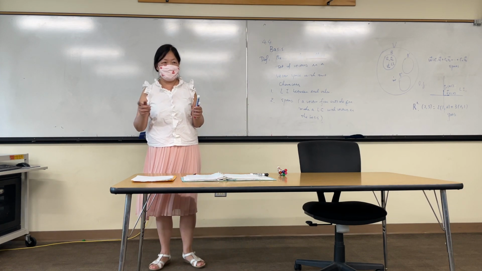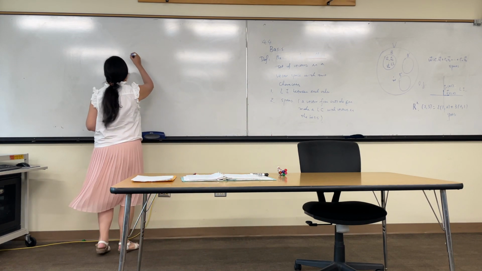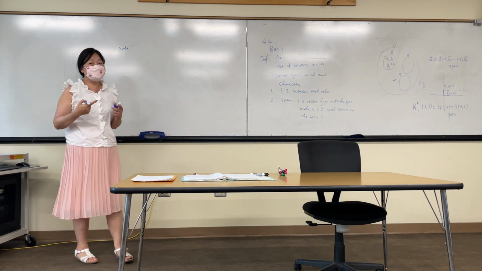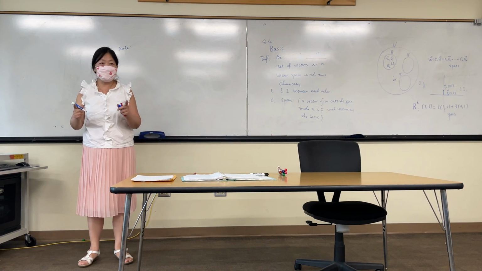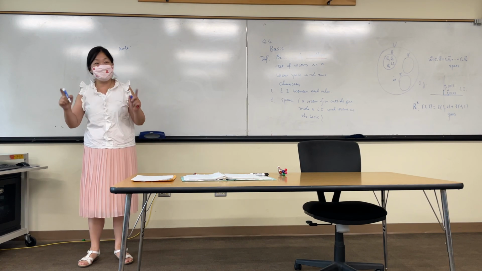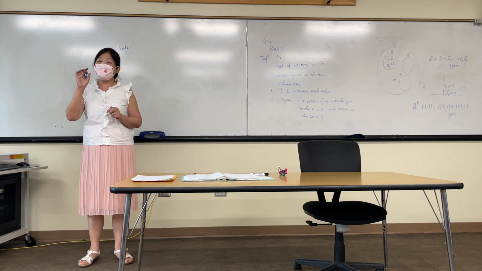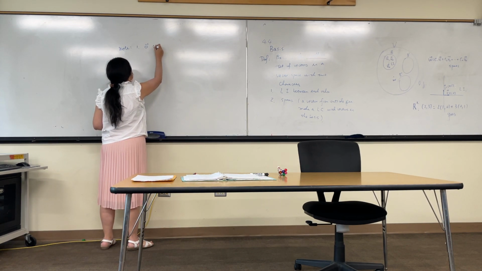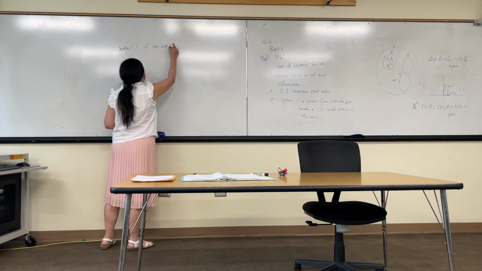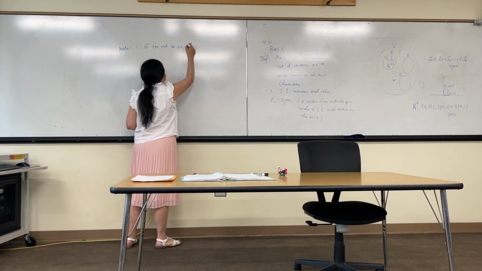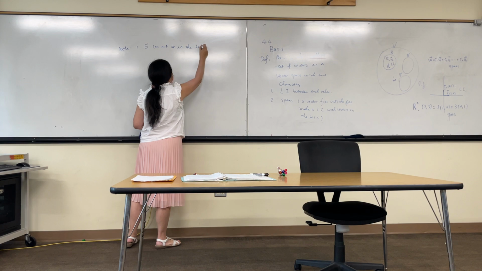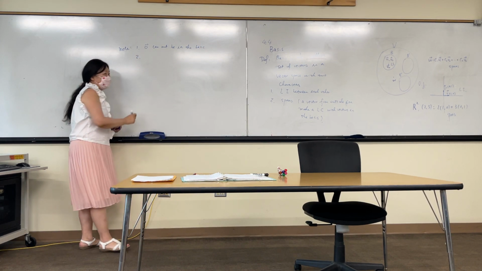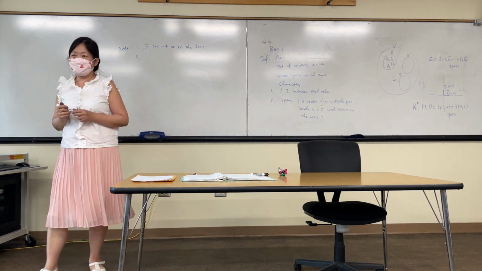can 0 be in the base? Number 1, can you have a 0 in the base? No, because the 0 base is dependent, right? Remember, you need to have a linearly independent set. Number 2, can you have 1 vector become a base?